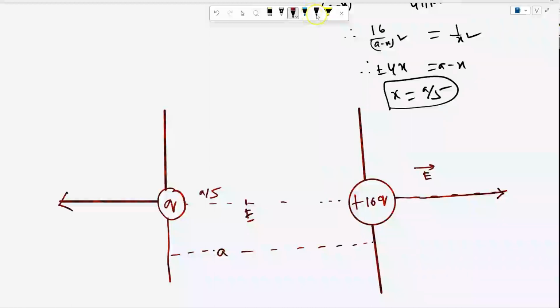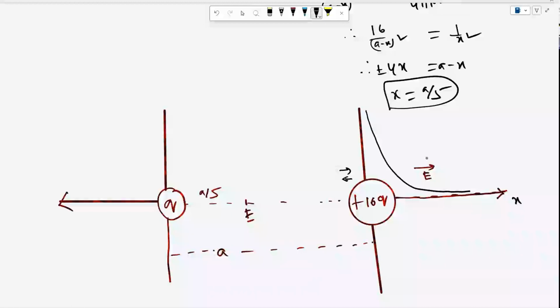So, the graph of electric field versus distance will be like this. Clear? Now, what will happen at this point? Electric field directed towards left. Due to this plus Q it is directed towards right, but 16Q is dominating over there. So, it is directed towards left.